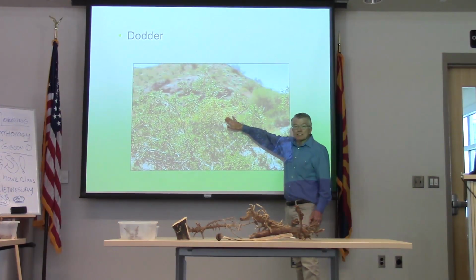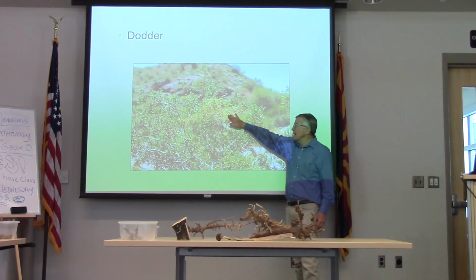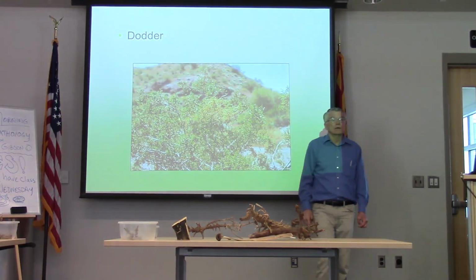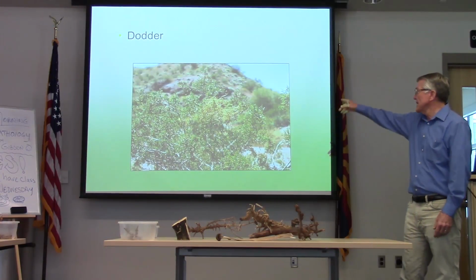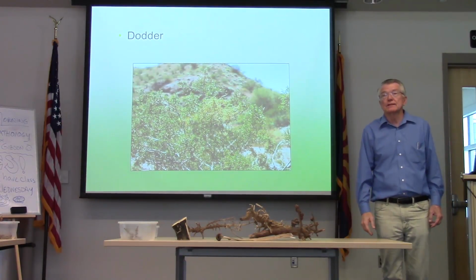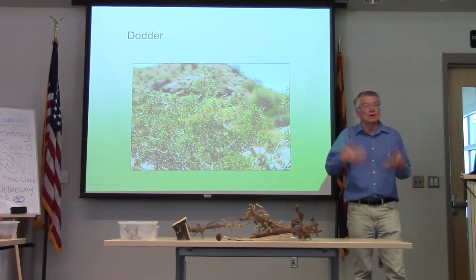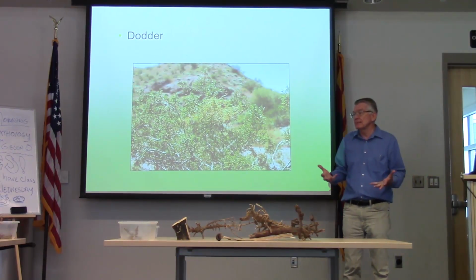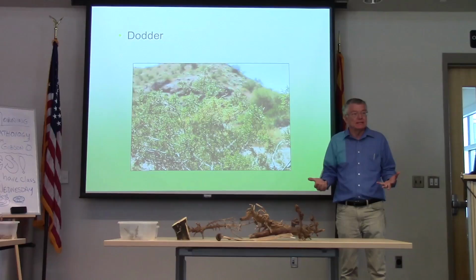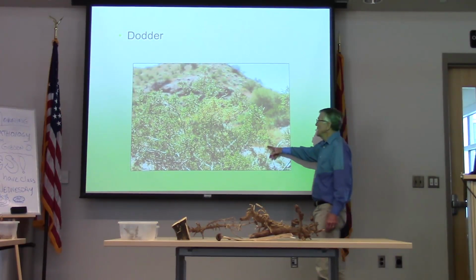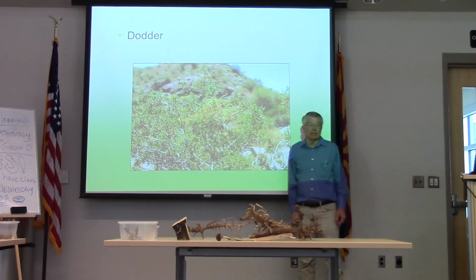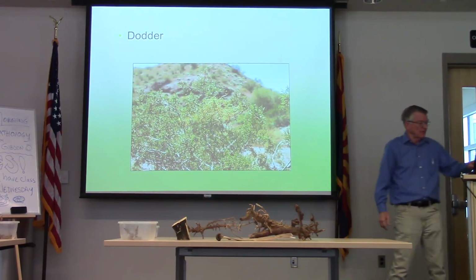You'll notice that it has kind of a yellowish color to it, a kind of a blonde color, not green like the mistletoes. And the reason for that is it has no chlorophyll. It does not photosynthesize. It takes all of it. It is a flowering plant. It produces seeds, but it takes all of its strength from its host plant. And yes, it can be a challenge for that plant. It can be a problem.